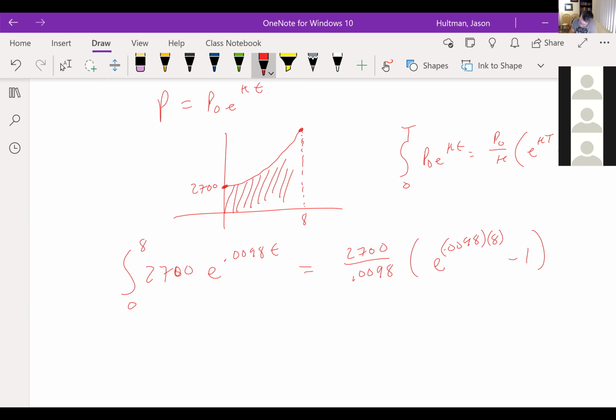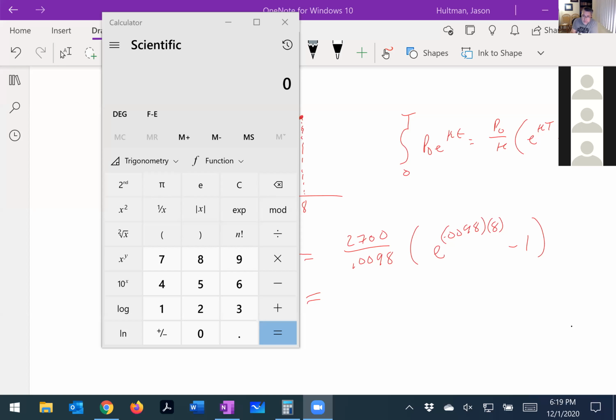Okay, so all we have to do is plug that into a calculator correctly. And we should get, let me share my screen here.